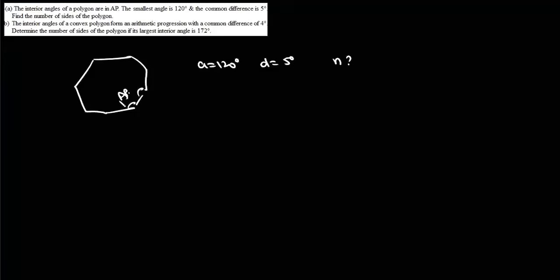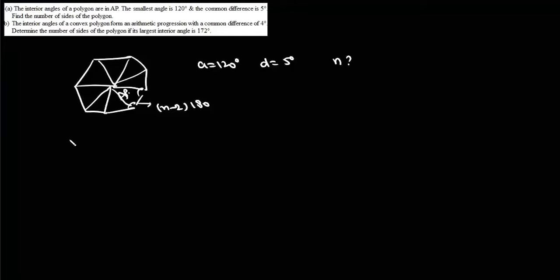Now we know that sum of interior angles of a polygon is given by (n minus 2) into 180, and it's simple to work out. So we'll have n triangles.